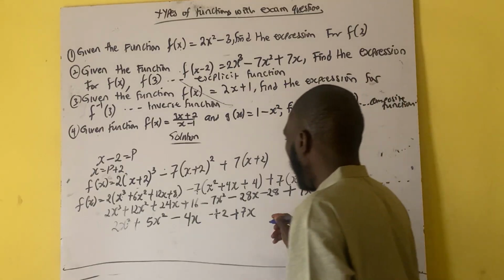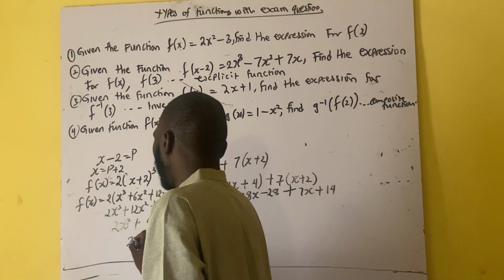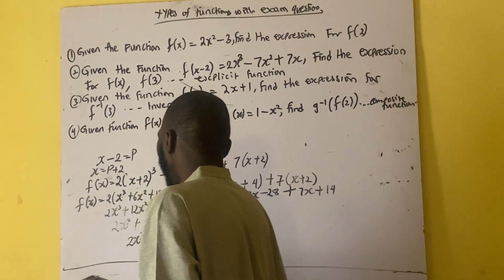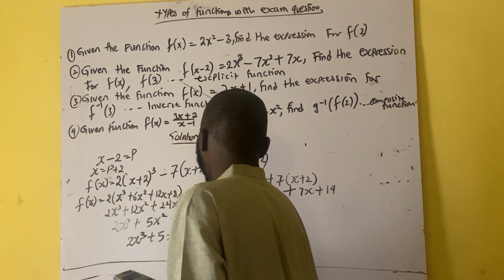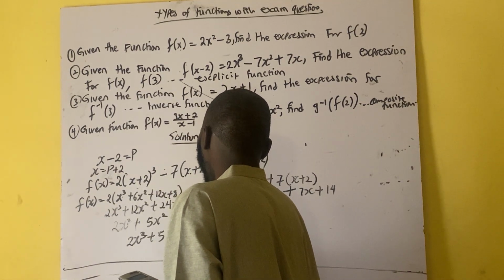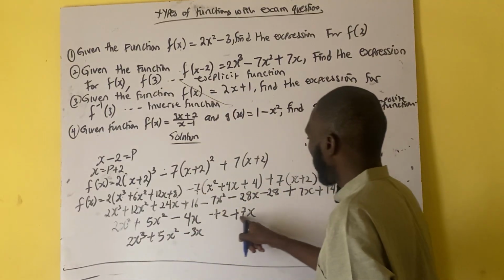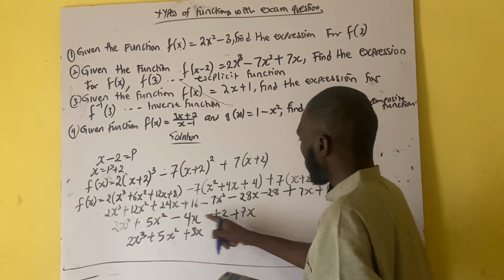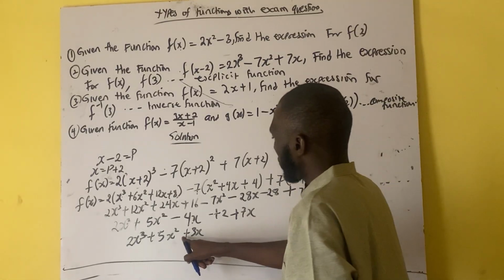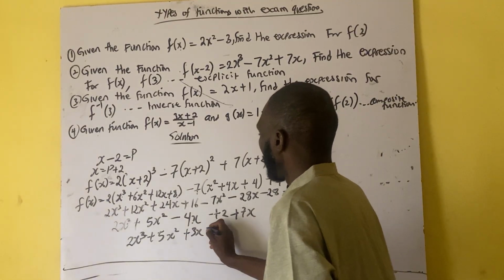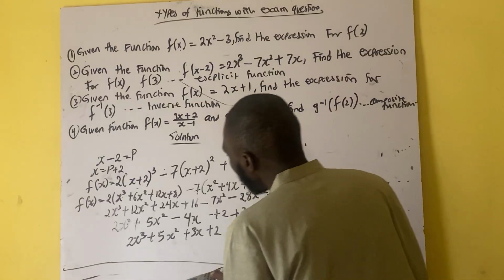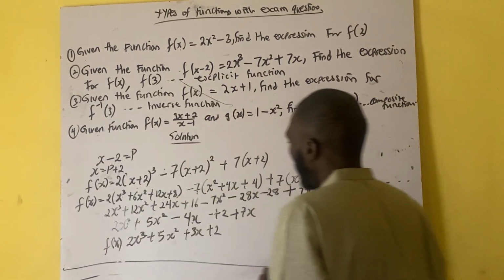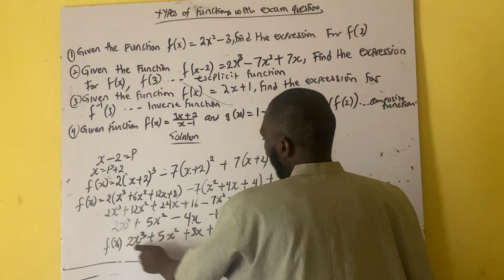So my final output of here will be equal to 2x cubed plus 5x squared minus 3x, because minus 4x plus 7x will give us plus 3x. So then plus 2. So this is the f of what? f of x. From what we have here. This is f of x.